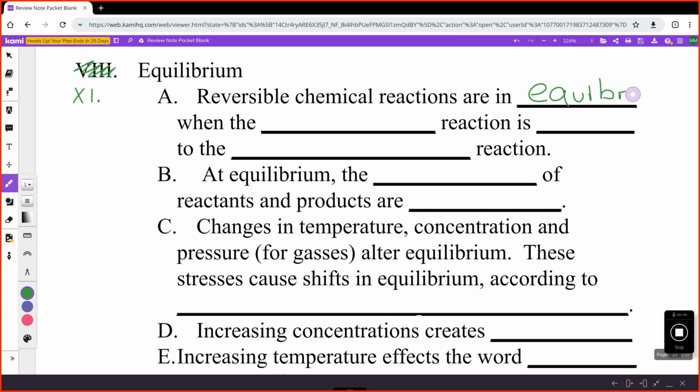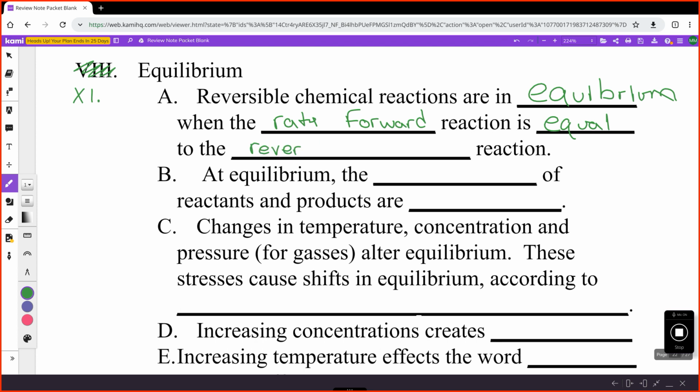Equilibrium: if the rate at which you go through the forward reaction is equal to the reverse reaction.